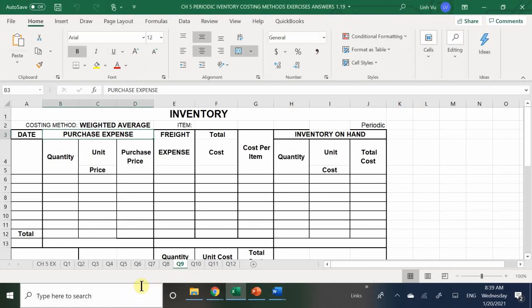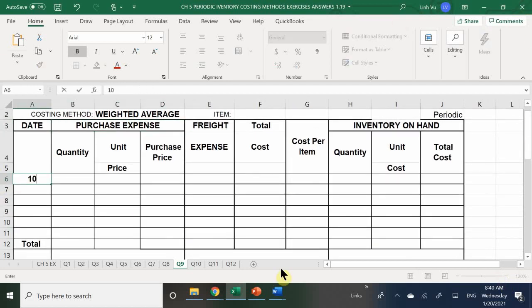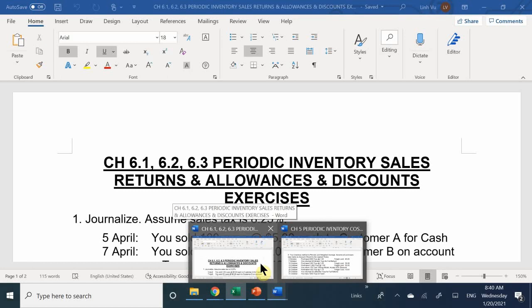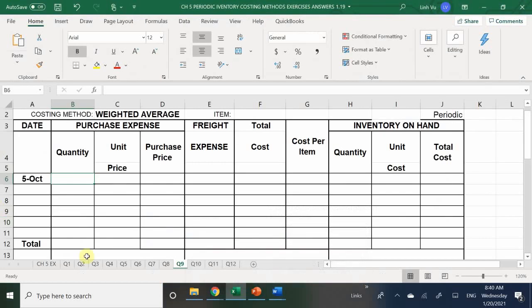Okay, so here we are, question number 9. It is October 5th. We purchased 800 toys at $1, and it cost you $45 for freight.